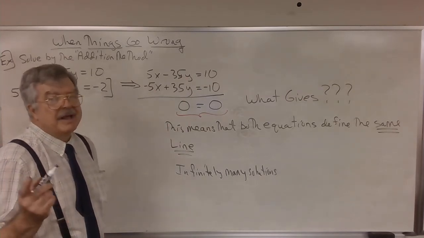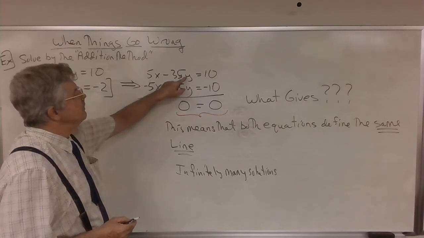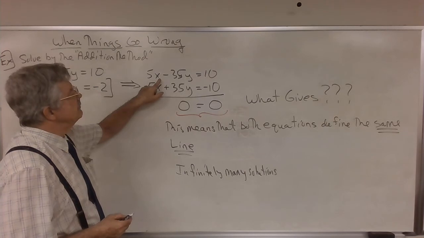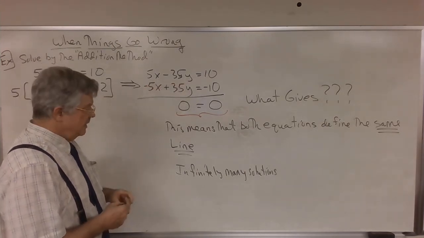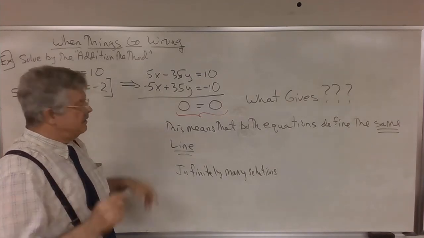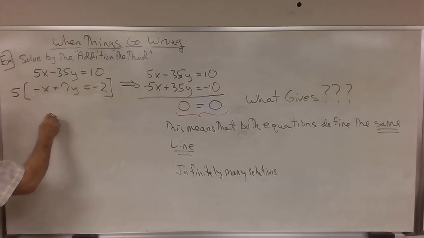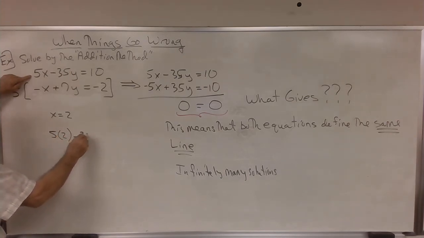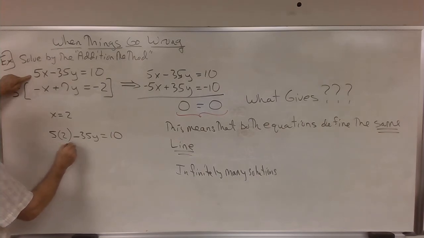If we want a solution, just pick a value of x, plug it in, and solve for y. It'll work for both equations. So if we want just one of these infinitely many solutions, let's take x equal 2 and plug it in to the first equation. Okay, so I have 10.